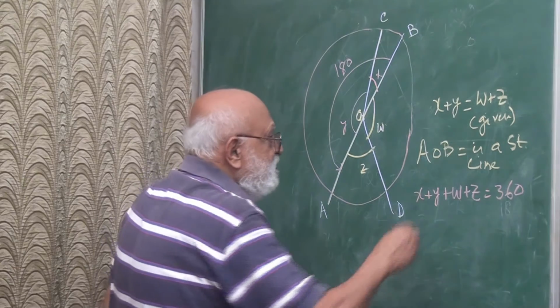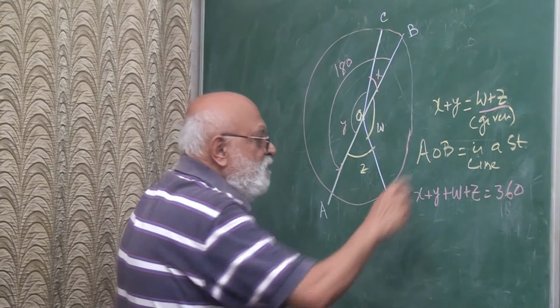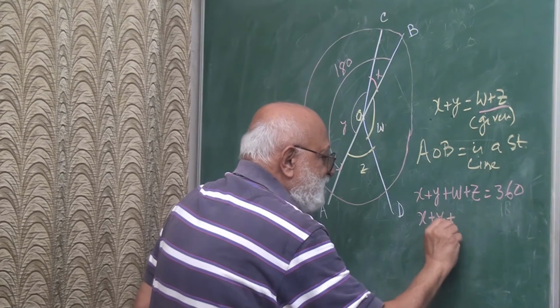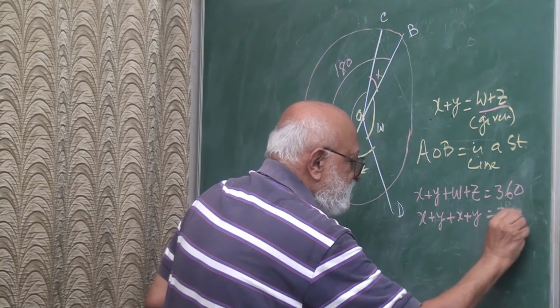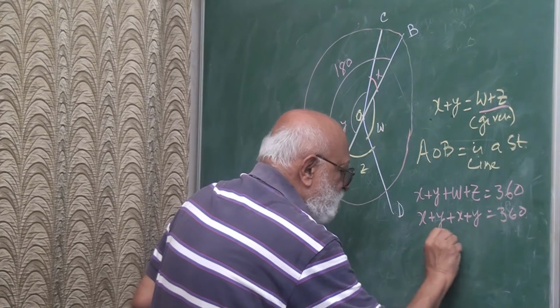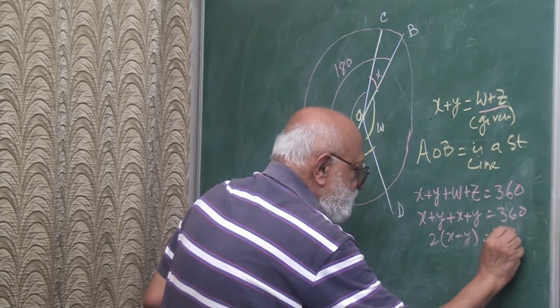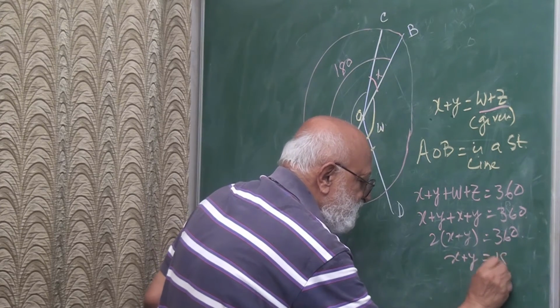So in place of W plus Z, I will put X plus Y. X plus Y plus X plus Y is equal to 360. So 2 times X plus Y is equal to 360. So X plus Y is equal to 180.